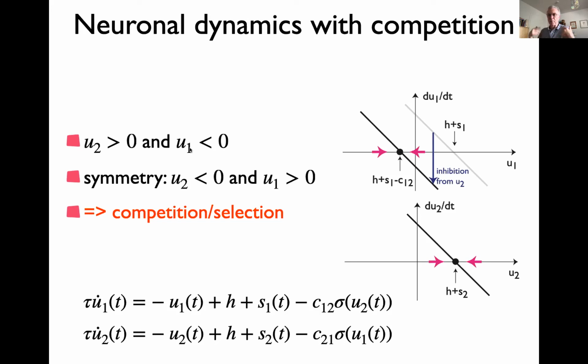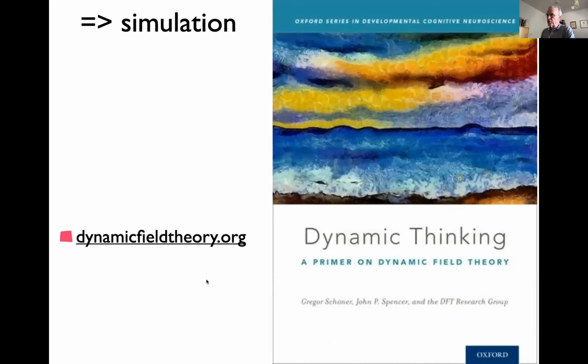Again, this is all based on both neurons receiving inputs. So both neurons could potentially be activated. In the absence of this competitive coupling, both neurons would be selected, but only one of them is selected when you have this competitive coupling. So that's the property that mutual inhibition creates.